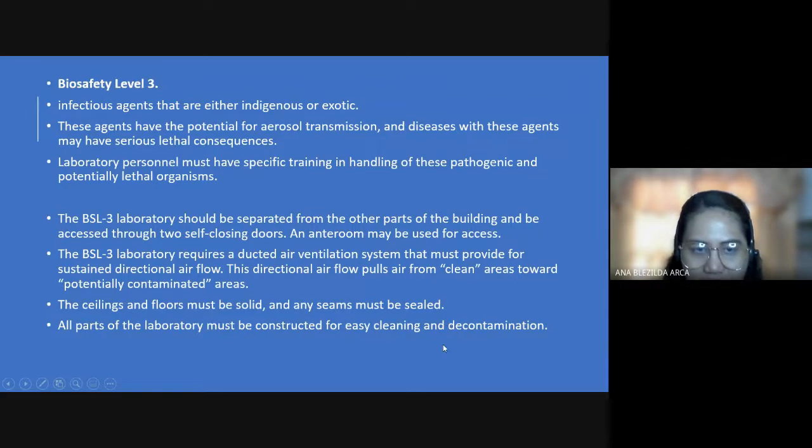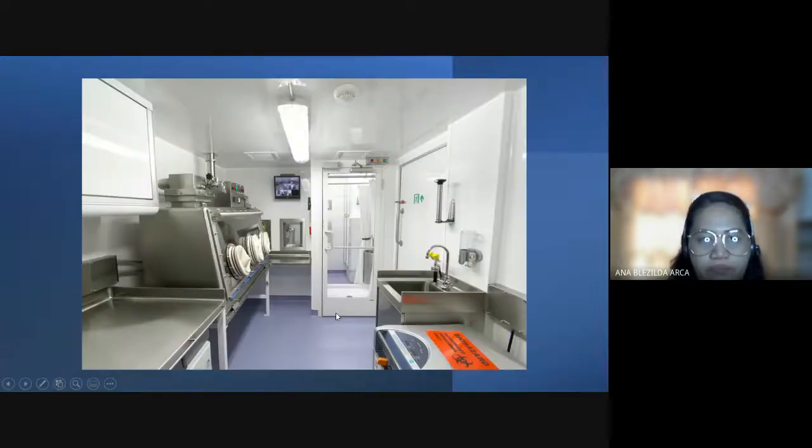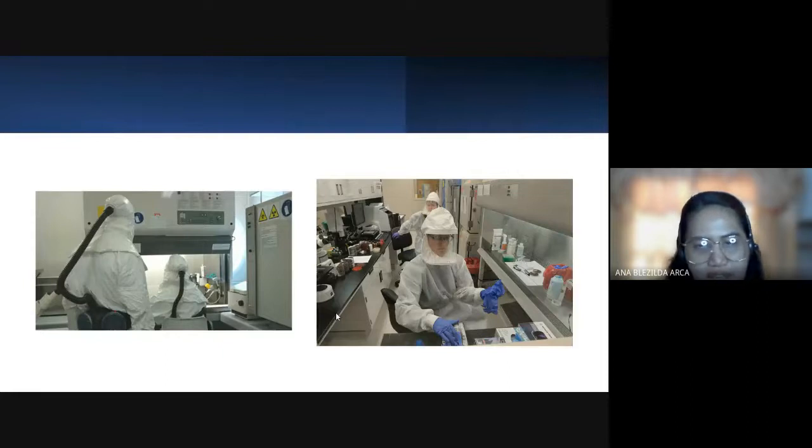Any seams must be sealed. There are no seams. All parts of the laboratory must be constructed for easy cleaning and decontamination. Now, that is biosafety level 3. This is also level 3, class. Okay, you can see it has oxygen lines, right?